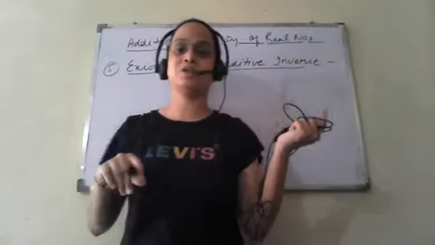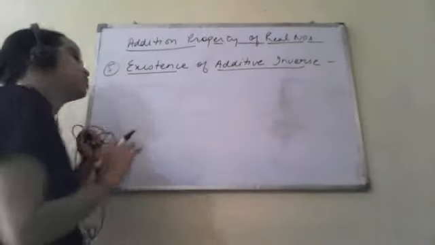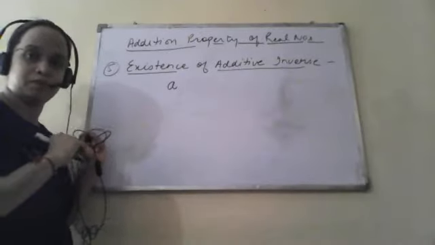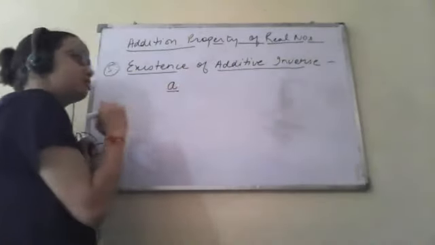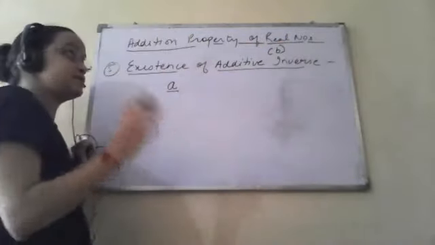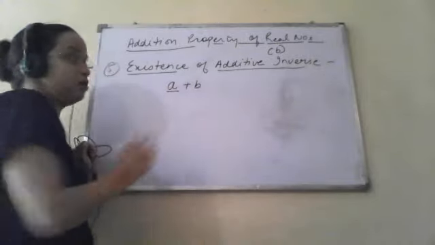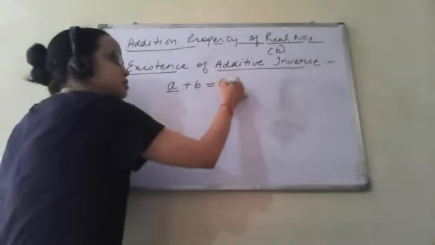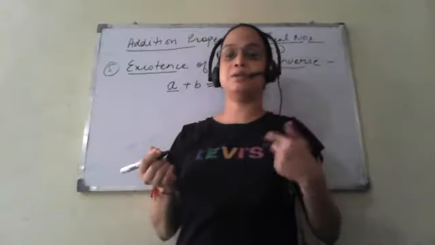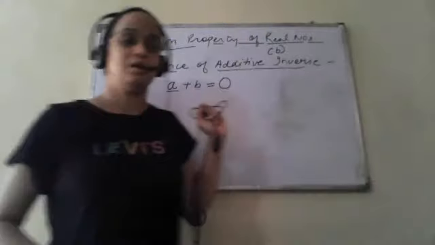As in case of addition, the result was same, and in case of additive inverse, if I'm taking a value a, where a is a real number, and we are representing its additive inverse as b, then b is that number which when added to a will give us 0 as result. So the additive inverse of a real number is that particular number which when added to the original number will give the result as 0.